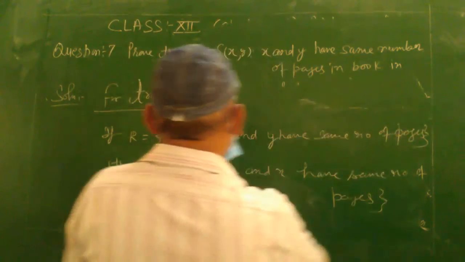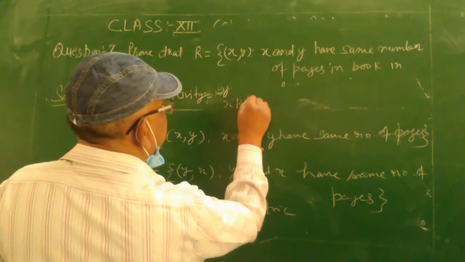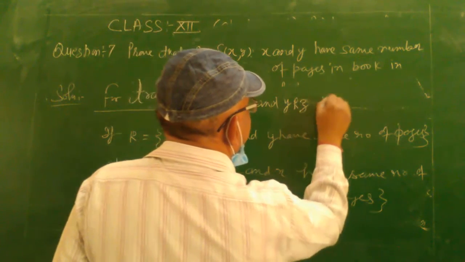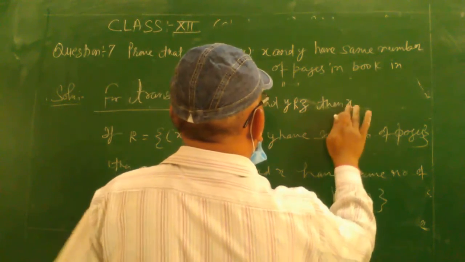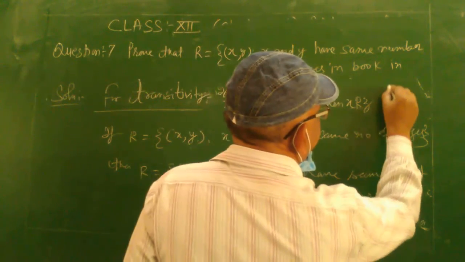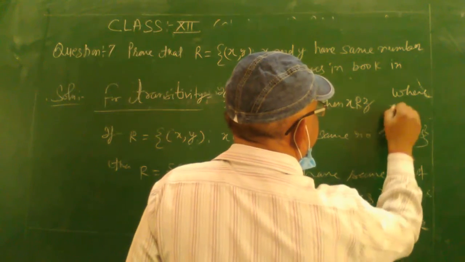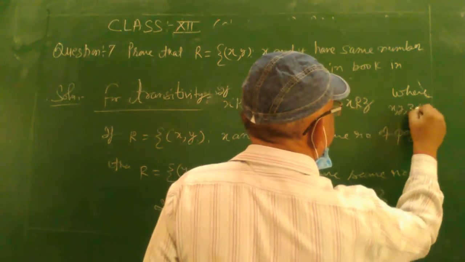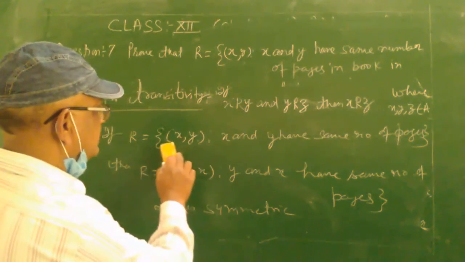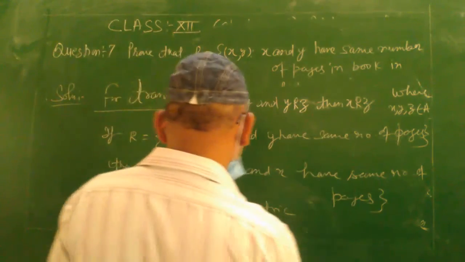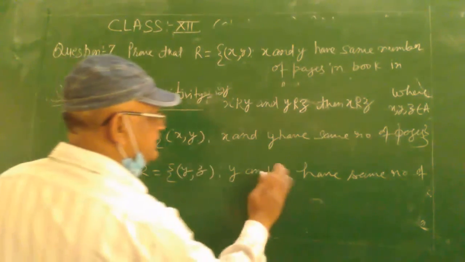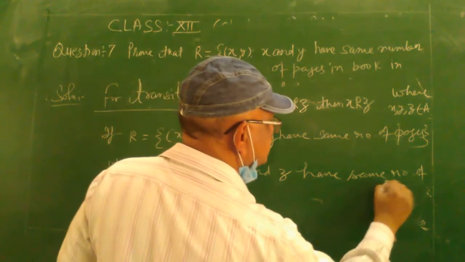So if x related to y and y related to z, then it must be a relation x related to z, where x, y, z belongs to the set A. So using the same fact, just you write this x, y, x and y have same number of pages, then after you will take y, z, and you must write y and z have same number of pages.